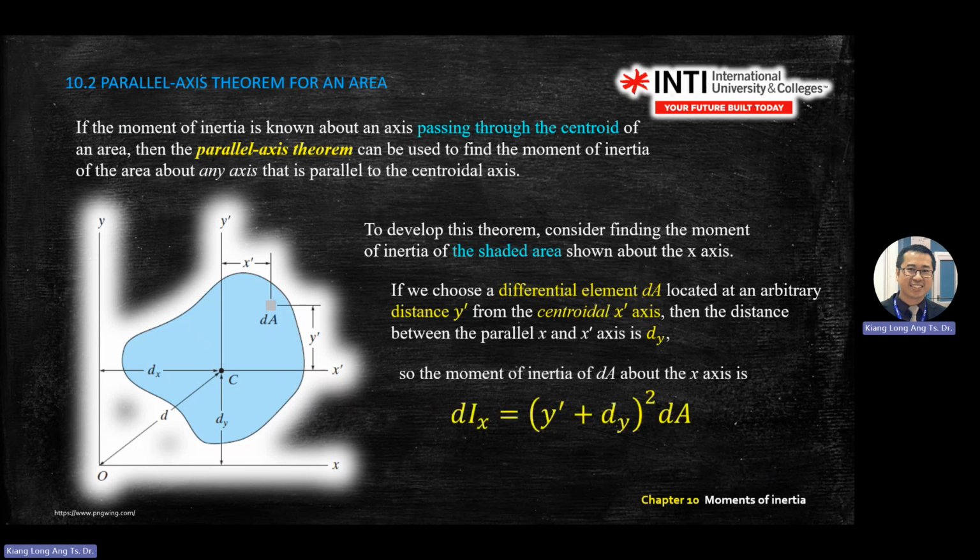So here, if you want to find moment of inertia in x, you are actually referring to x, and then this is the distance that you are going to find. So this is a centroid. Last chapter you already learned how to find the centroid. So this one will come out in your test too.